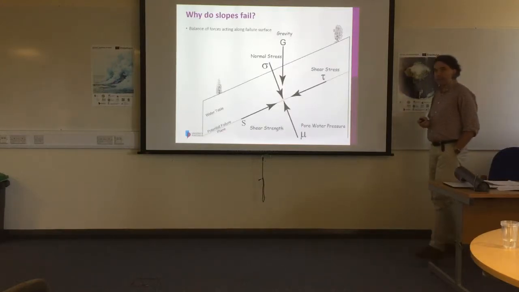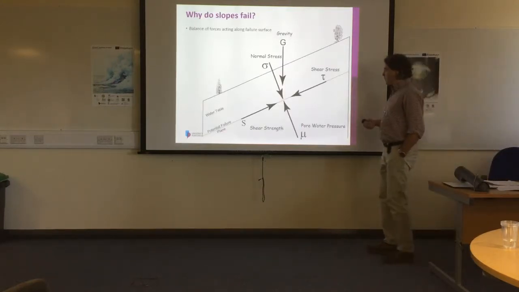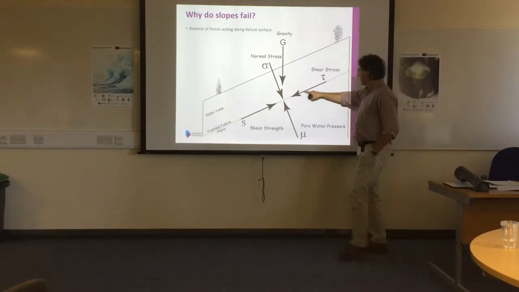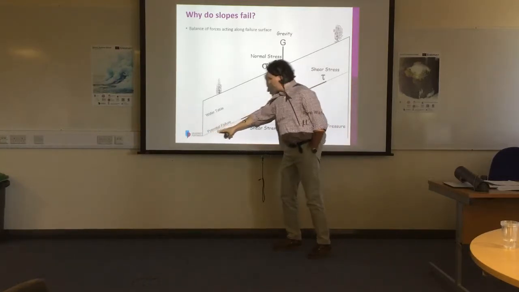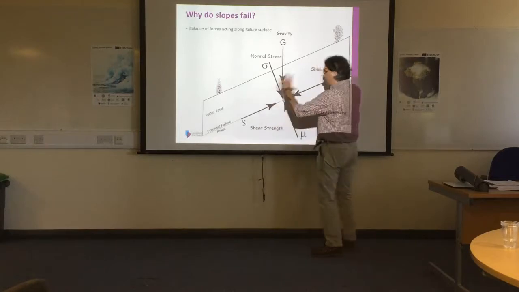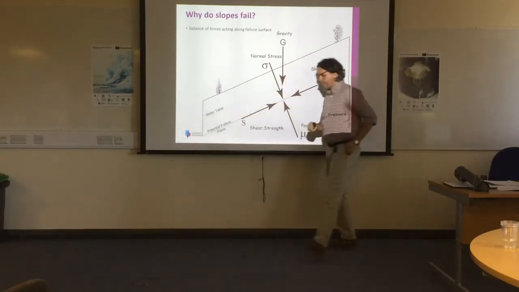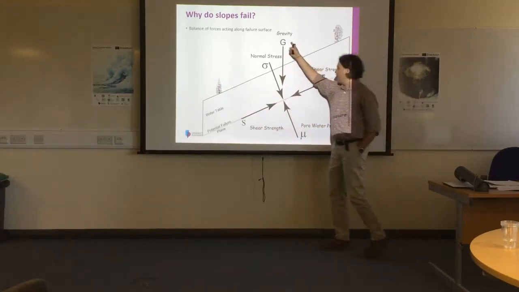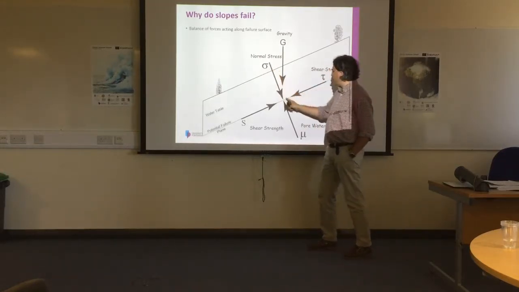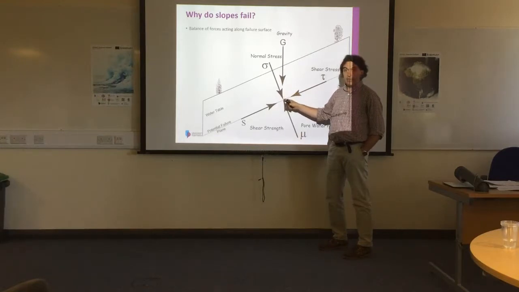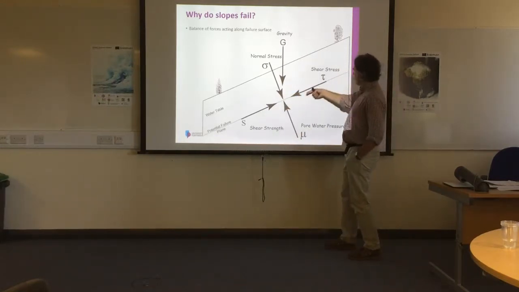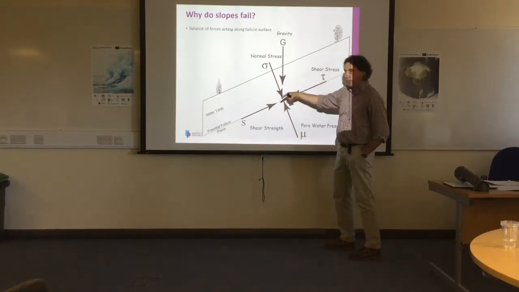Here's a little diagram showing you that. Here's a slope, and I'll describe the different components. This slope is going to fail along this surface, which we call the failure plane or shear surface, so this block is going to slide down that way. We have gravity acting down. We have the normal stress, which is acting into the plane. We have the shear stress, which is trying to drive the block down the slope.